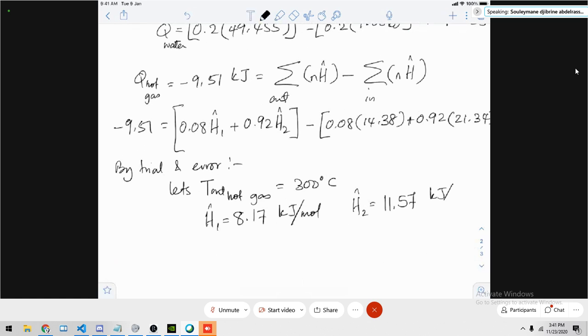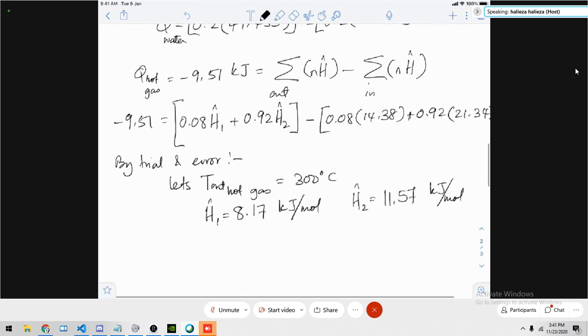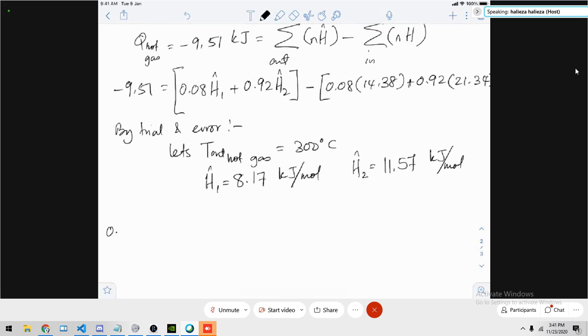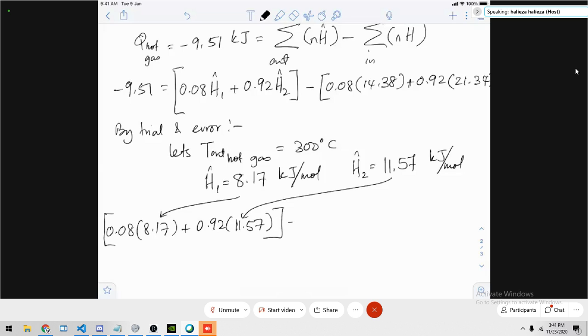Now put both values, H1 and H2, inside our equation. 8.17 there, plus 0.92 times 11.57 for H2. This is your outlet minus your inlet.